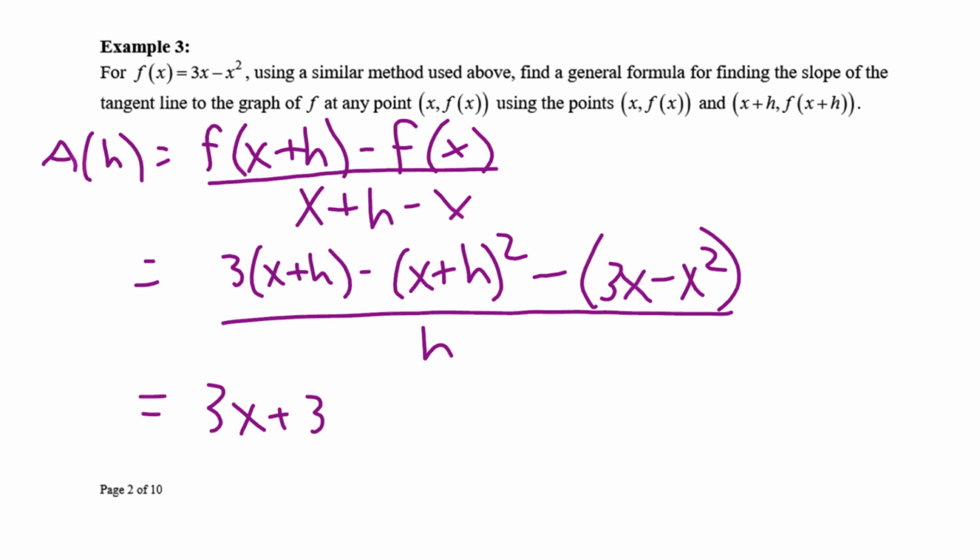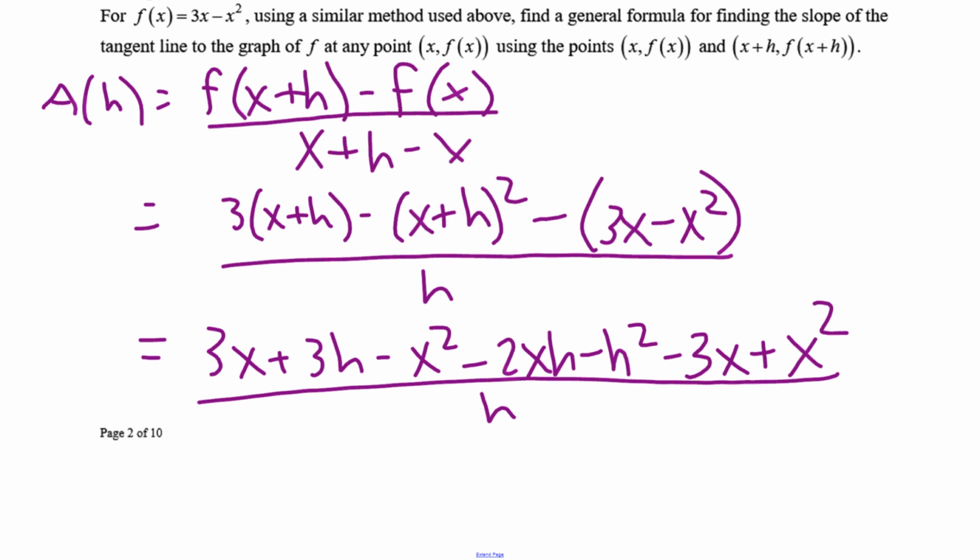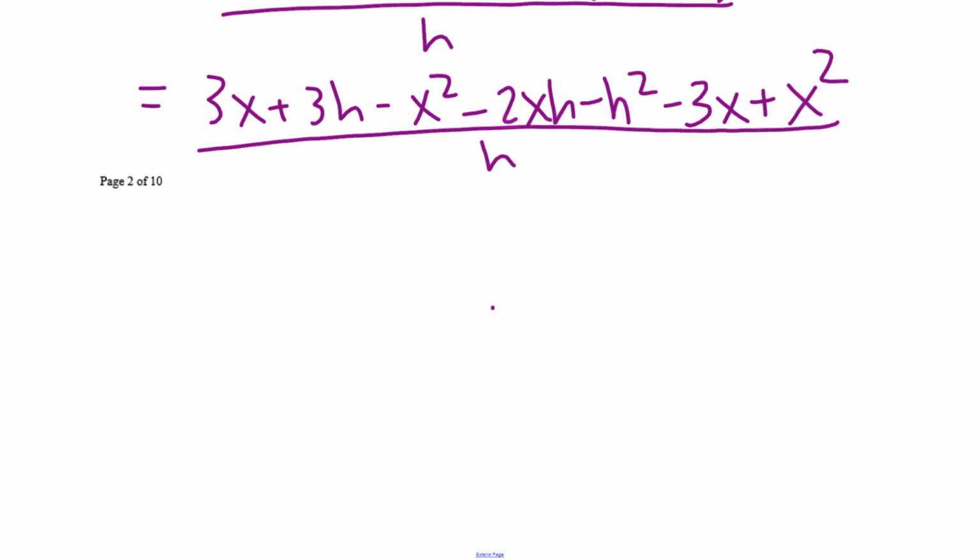Expand. Okay, I'm expanding and distributing, all over h. And it looks like some of these things will start canceling out. We have 3x minus 3x. They're gone.